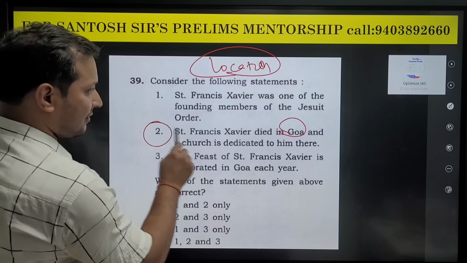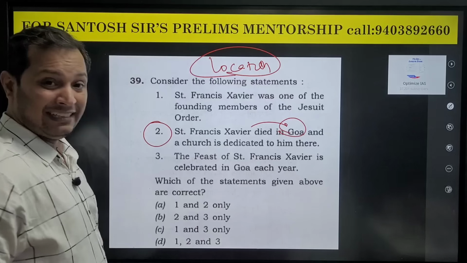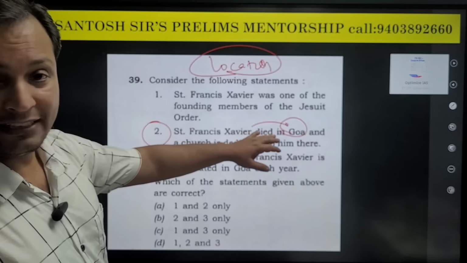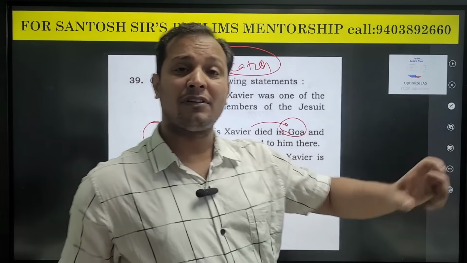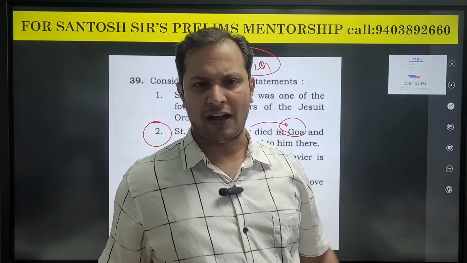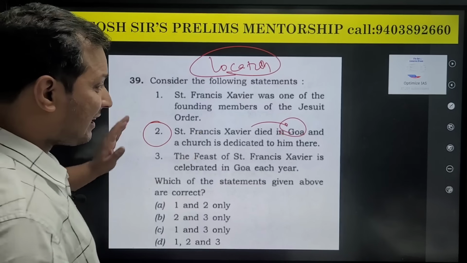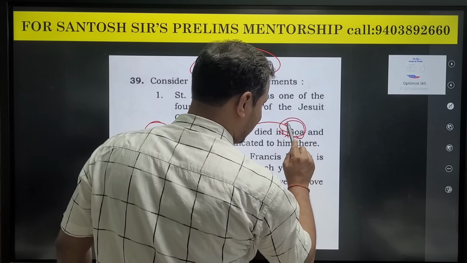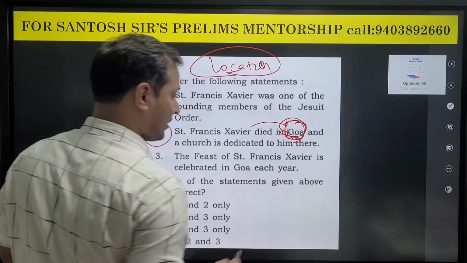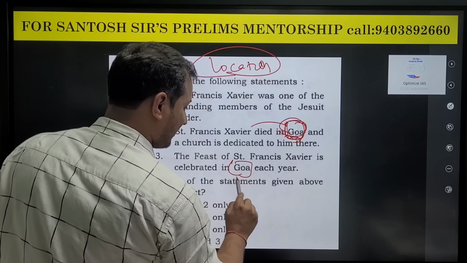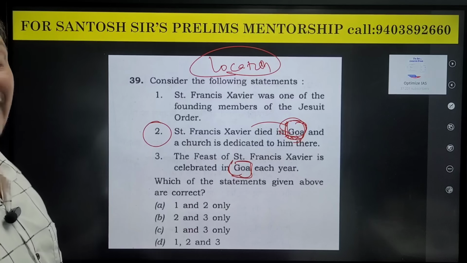Statement 2 has the location Goa. Maybe he died in China, and did not die in Goa. I'm talking about the fact, but you may not know the fact. What I'm telling you is that there is a high chance they can change this.